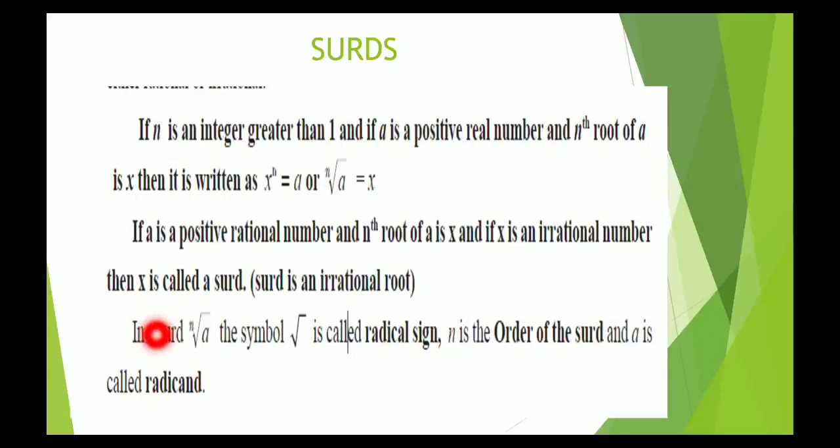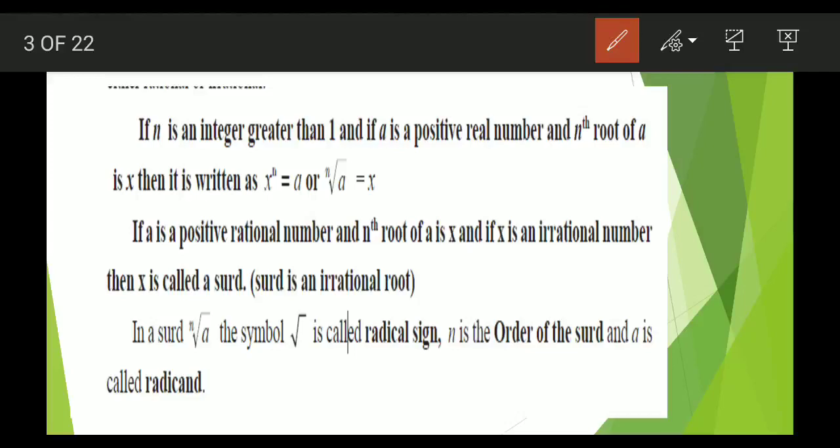In a surd, the nth root of a, the symbol root is called a radical sign. The symbol root here is called a radical sign, and the n here, can you see this?